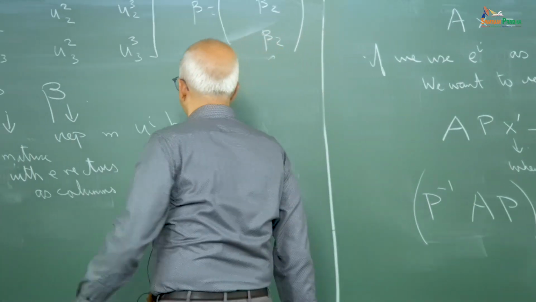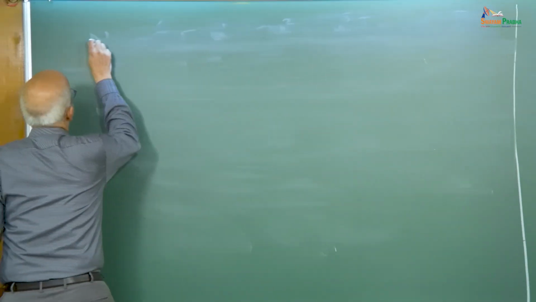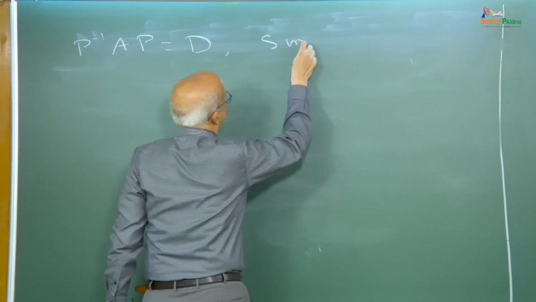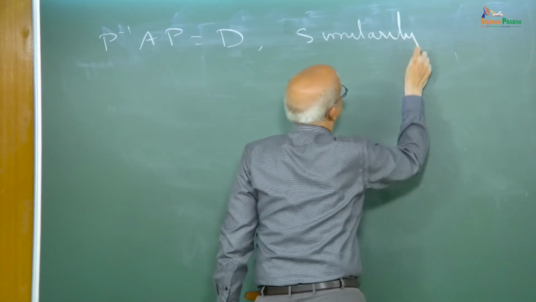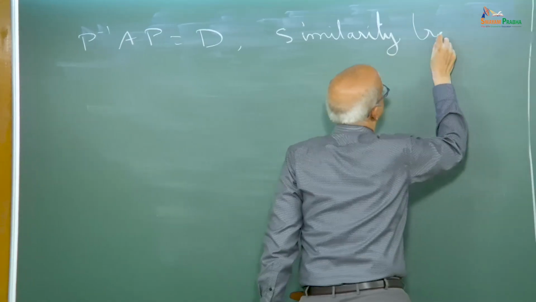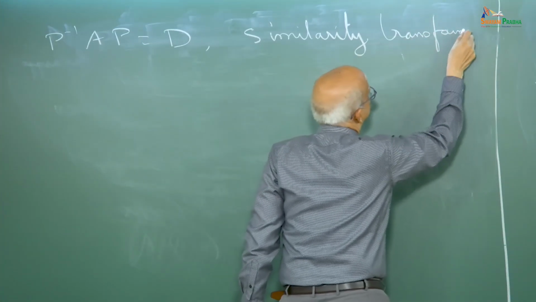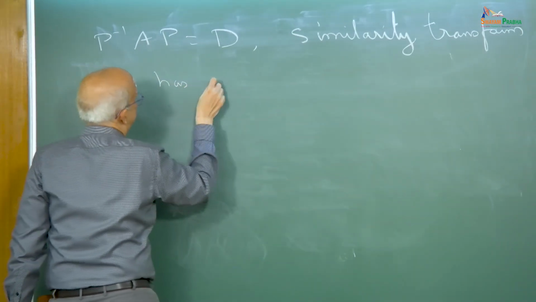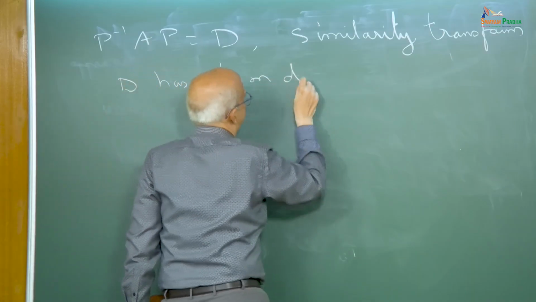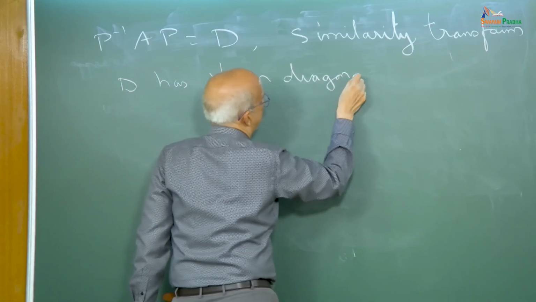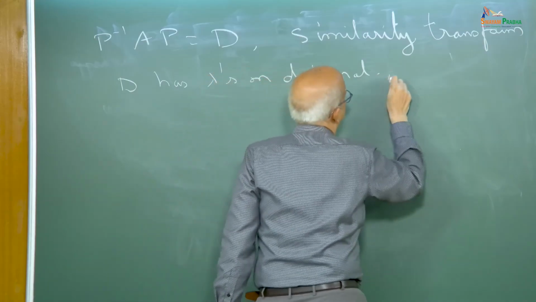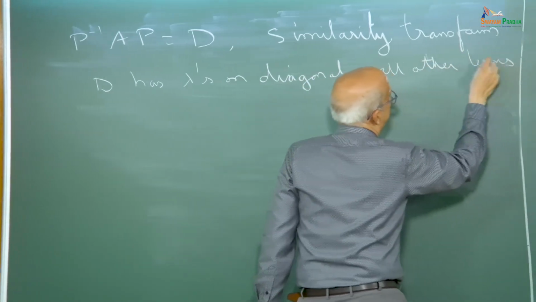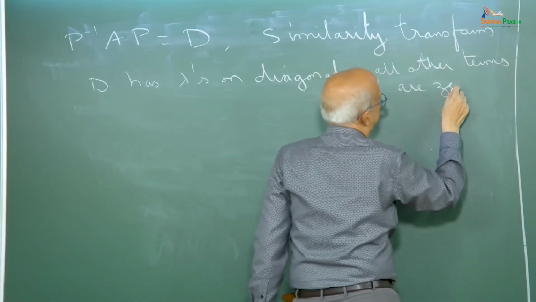So, basically P inverse AP is nothing but D, and D has lambdas on the diagonal, and all other terms are 0.